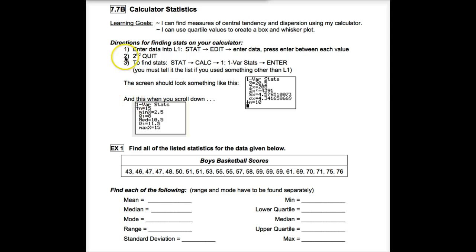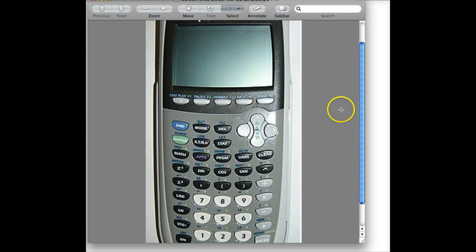So I have the directions here for how to find stats in your calculator. And we are going to use the data in example 1. First thing that you should do is enter your data into list 1. If you remember back when we did our quadratic regression, we had to enter data into lists.